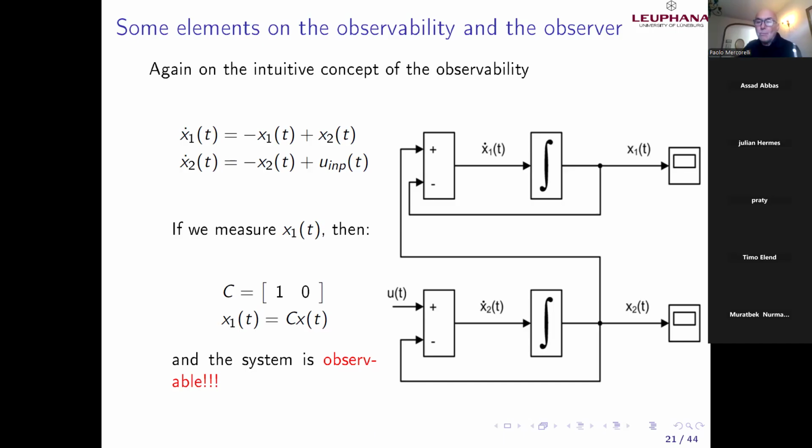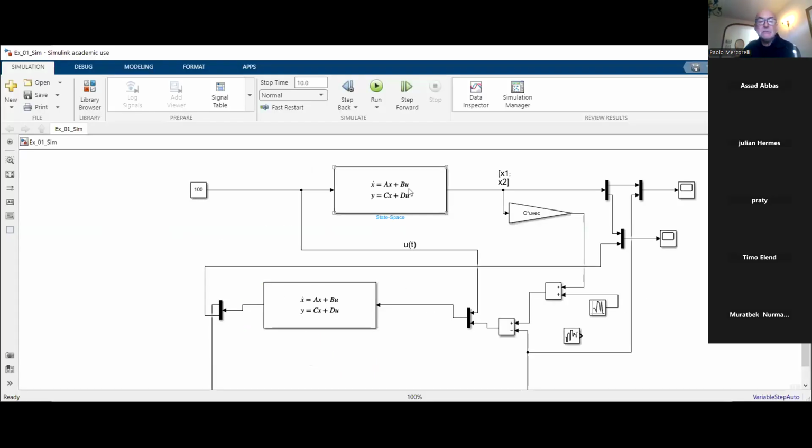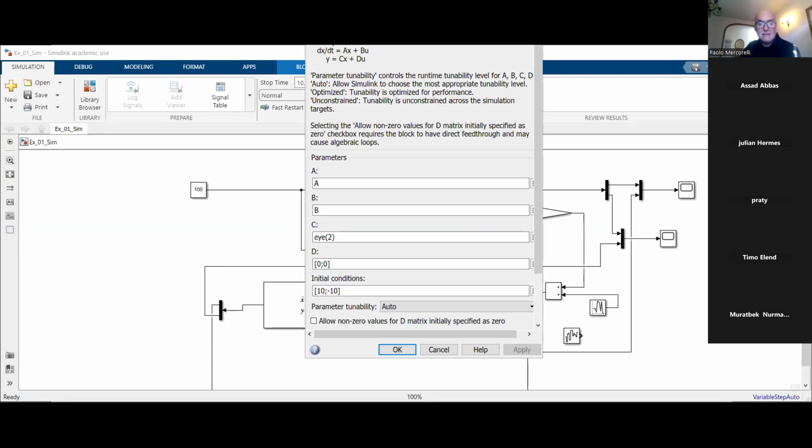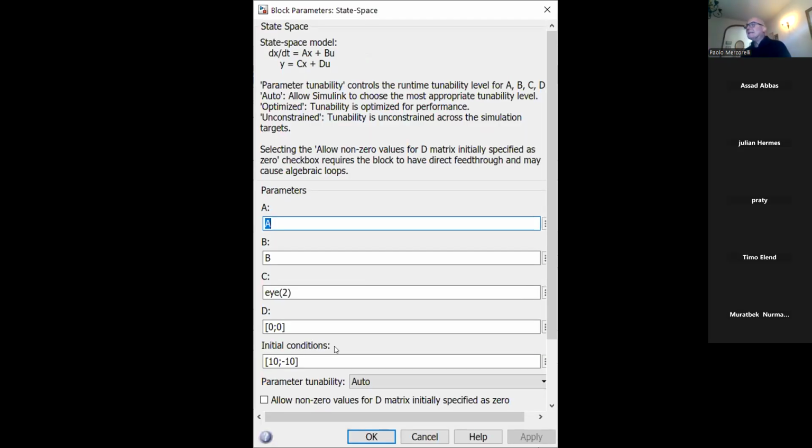Nevertheless, we can do it in a compact form using this structure here, in which inside I put the matrices A, B, C, and D. You remember, I told you in this course our D will always be 0, but in practical examples, in different projects, we can also have D not 0.